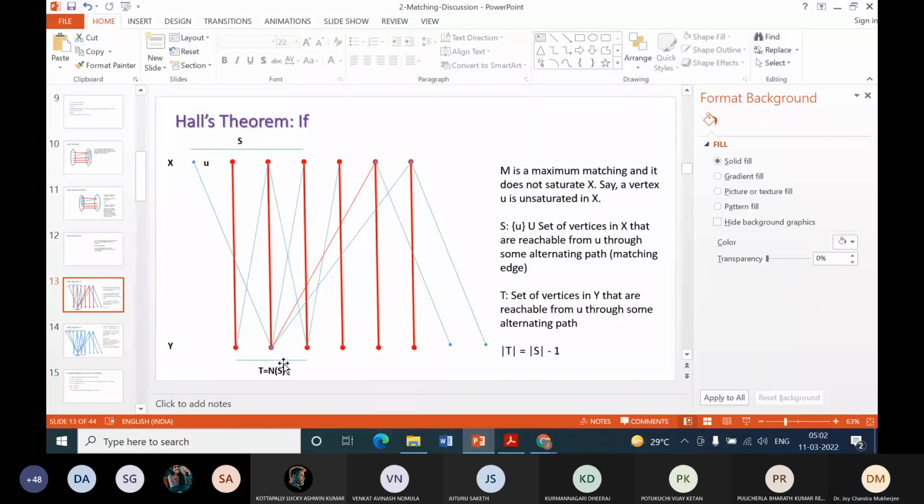Now the question is, how do we prove T equals Ns? ये अभी तक हम लोगों ने प्रूफ नहीं किया. How do we prove it?